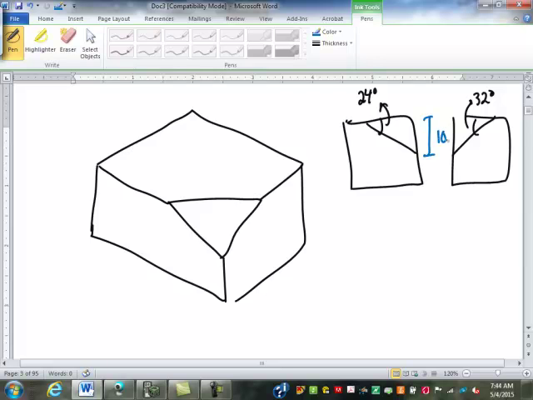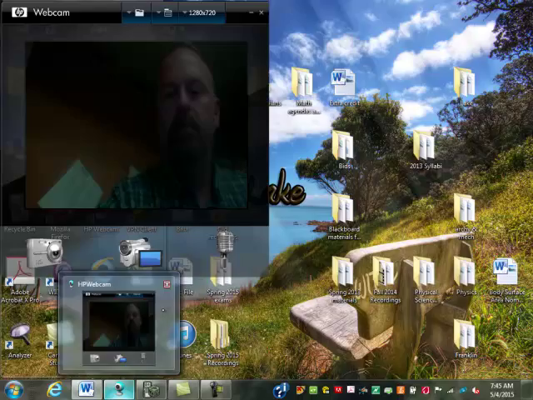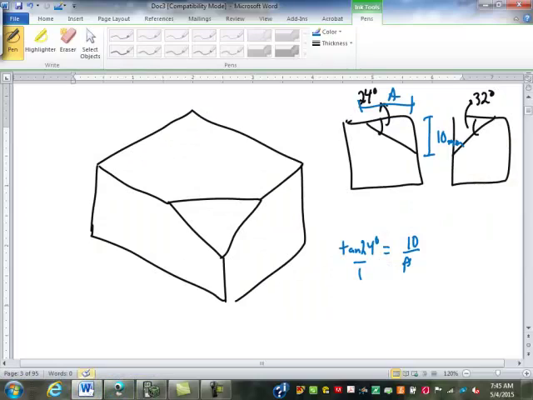10 millimeters, right? Now what? 10 divided by the... Okay, so 10, we'll call this A here. 10 over A equals tangent of 24 is what you're saying? Is that over 1? So what's that come out to be? 22.46.